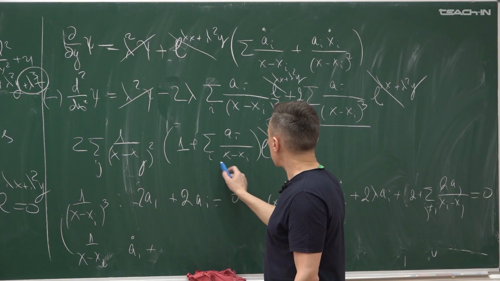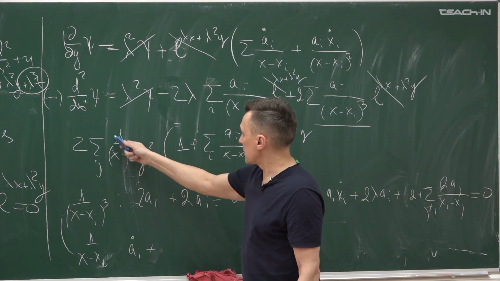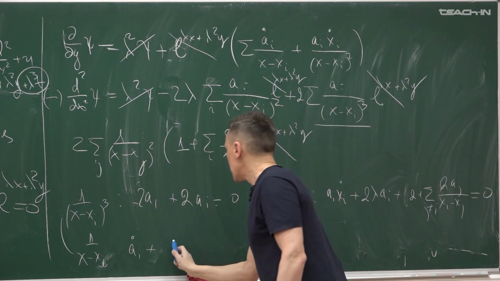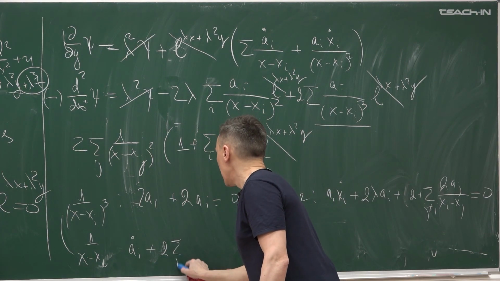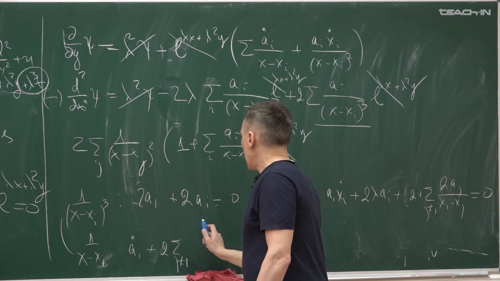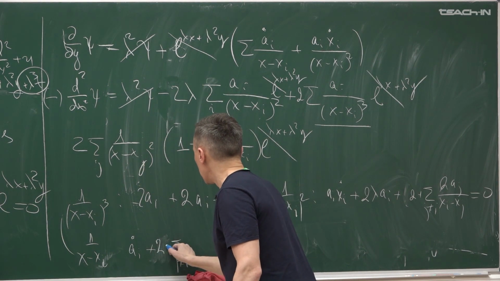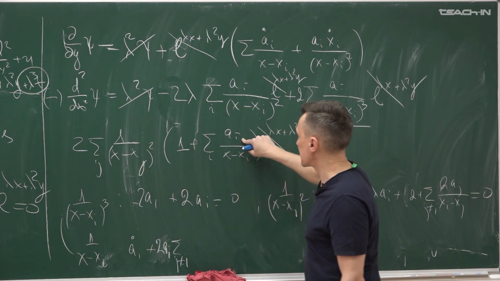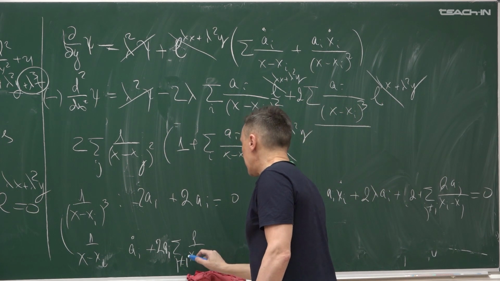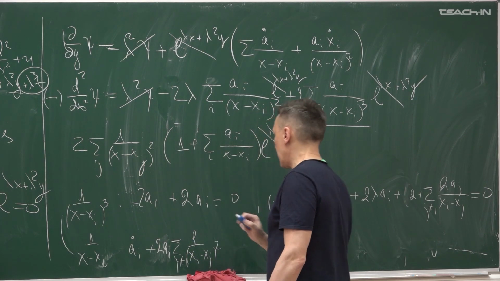Okay, so I choose this pole of order 1, and in this summation I take all j which are not the same as I, so it is 2, the sum of j not equal to I, and here 2 ai, I fix this ai, 1 over xi minus xj square.